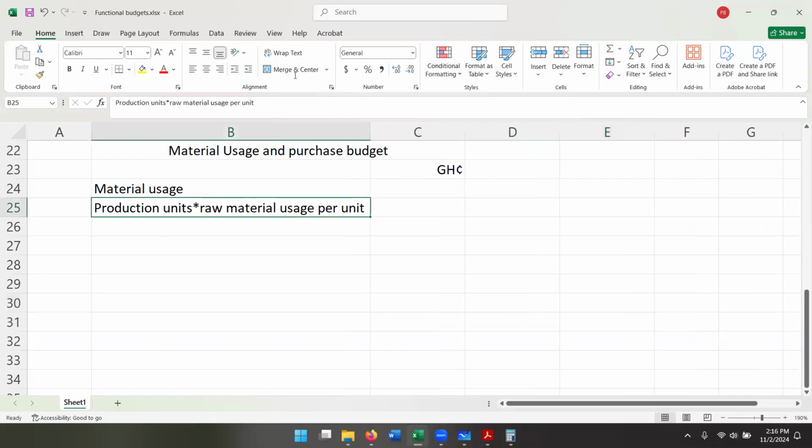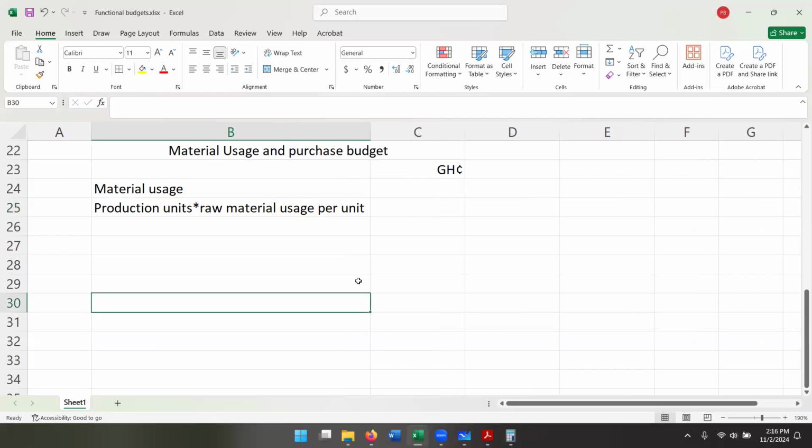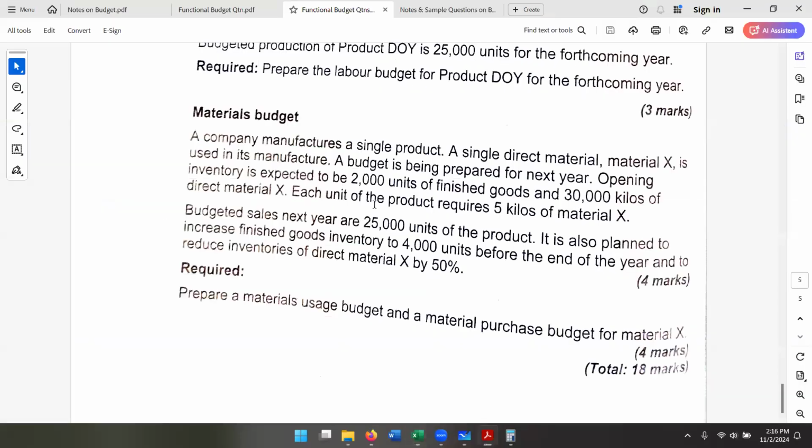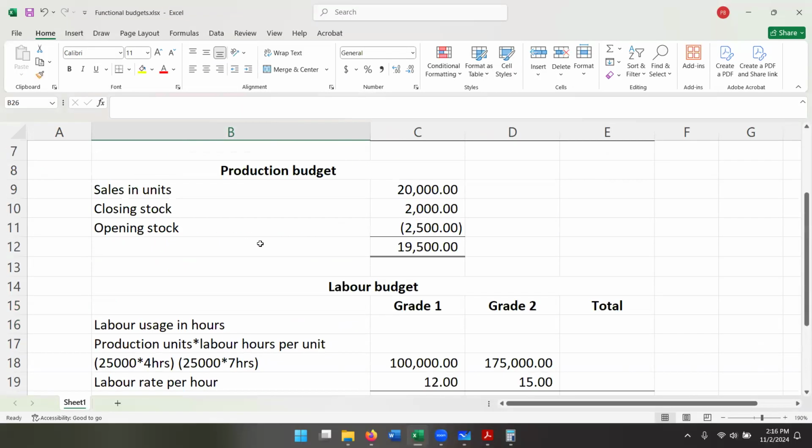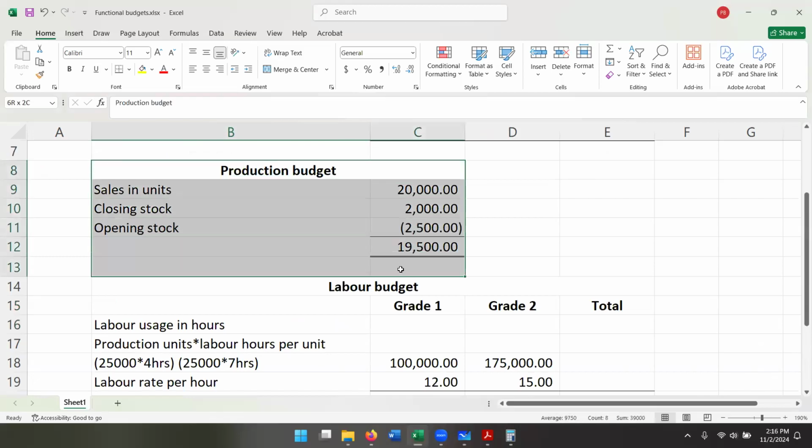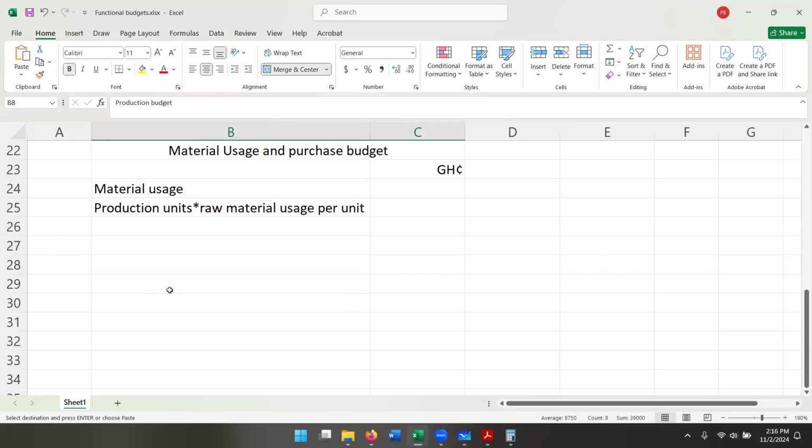So it's production units multiplied by raw material usage per unit. Let's go to this question. What will be the production unit? We have budgeted sales, opening and closing stock, so we need to ascertain the production units using a production budget. So let's pick our production budget format and bring it down here.